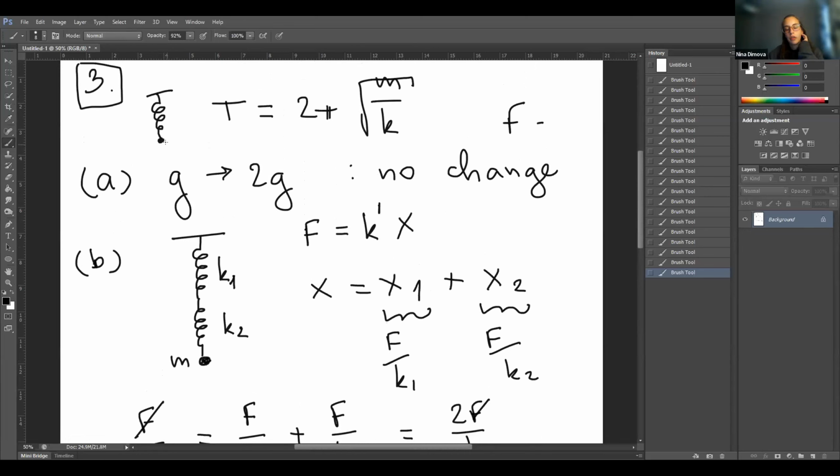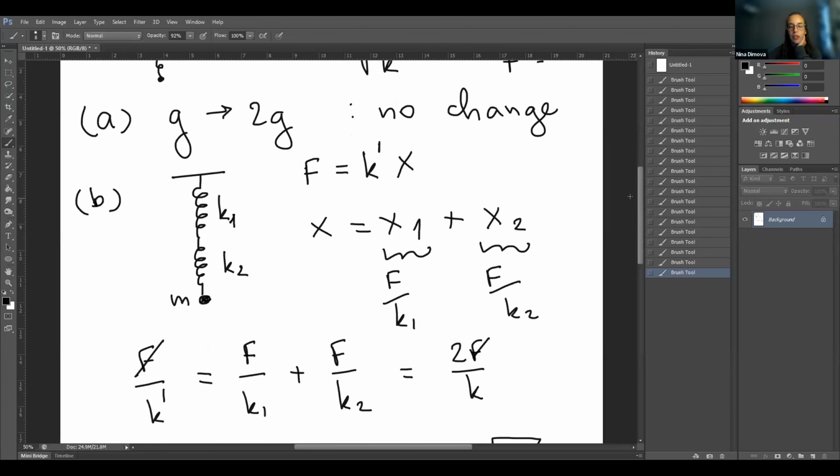Then the extension of your spring will be different because the coefficient of the spring, the coefficient of elasticity, is a property of the spring itself. So it depends on the material it's made of. If the spring is made of aluminium, its coefficient will be different from the coefficient of a rubber spring or a different metal. So in this second case, the coefficient of elasticity does not change.